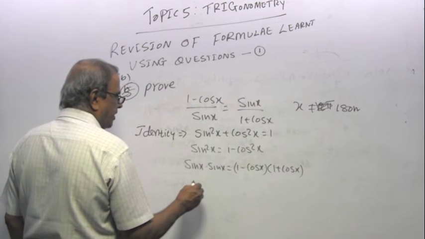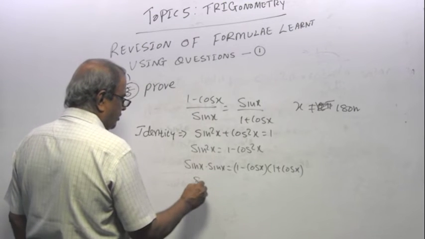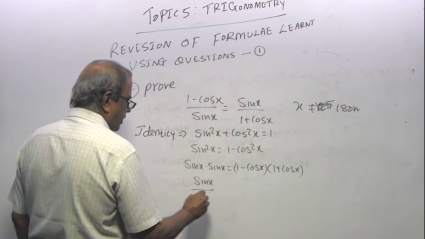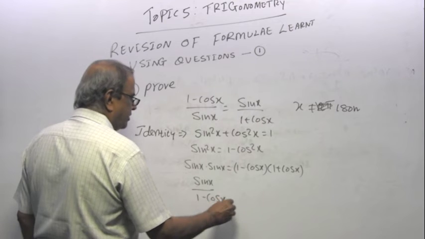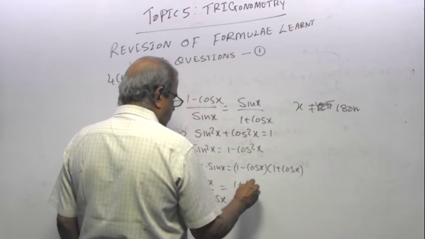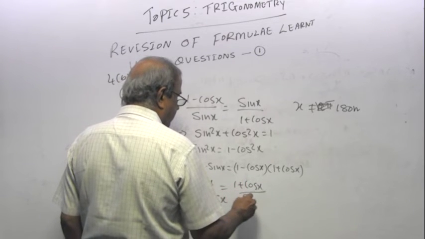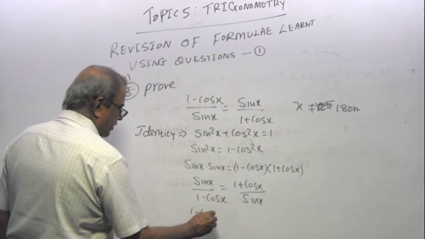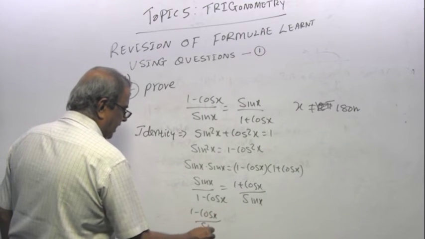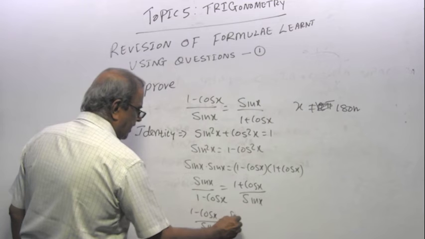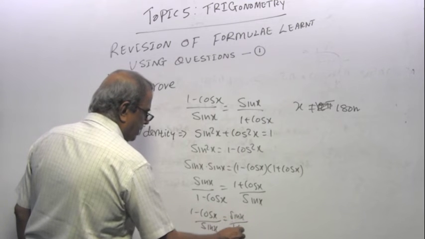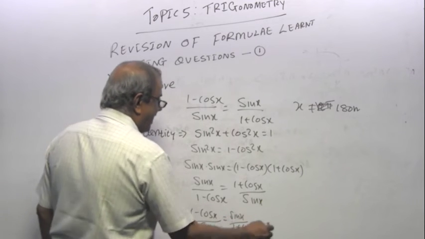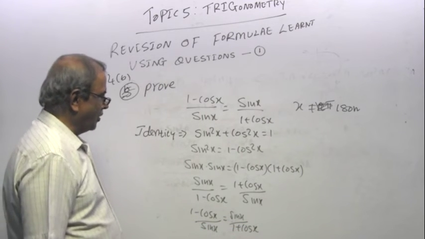So it is, sin x over 1 minus cos x equal to 1 plus cos x over sin x. Or I can flip it around, 1 minus cos x over sin x equal to sin x over 1 plus cos x.